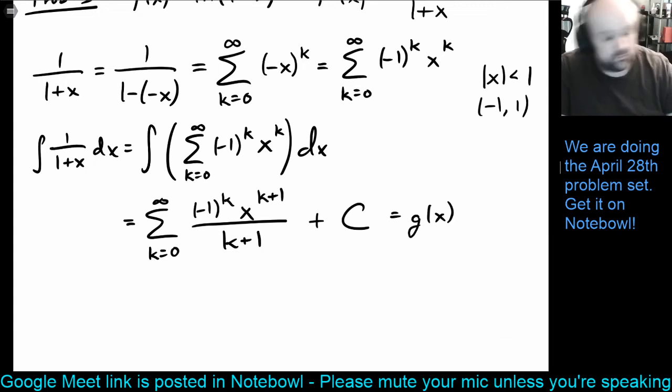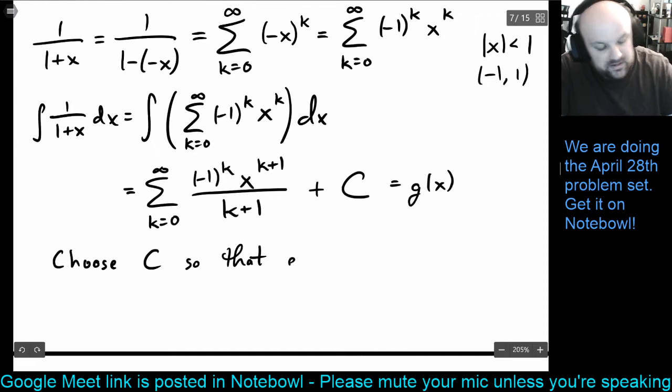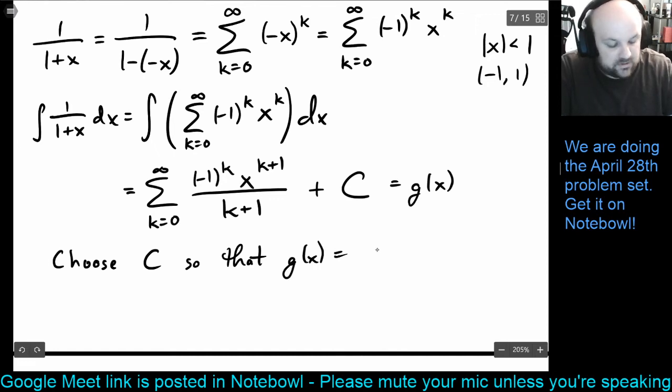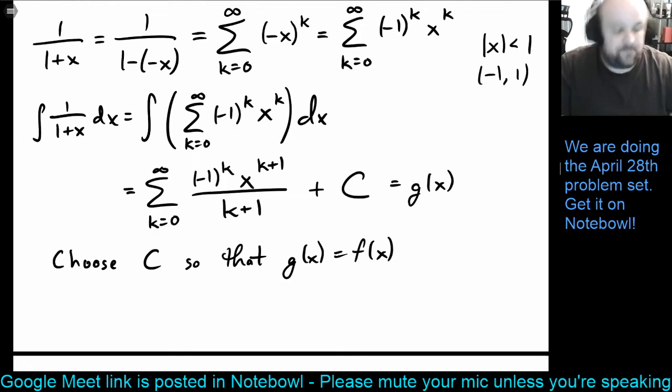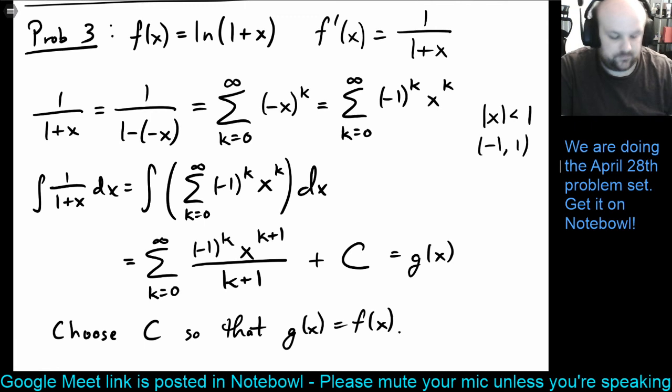Let me call this antiderivative g of x. What we want to do is choose c so that g of x equals f of x. Right now, if we ignore the plus c, this is an antiderivative of 1 over 1 plus x.